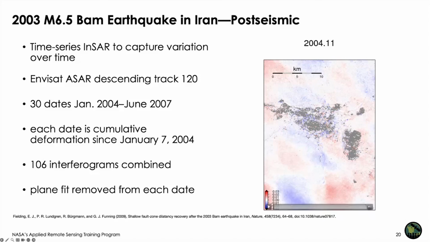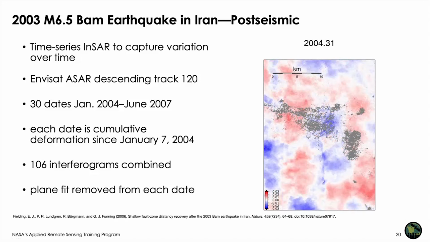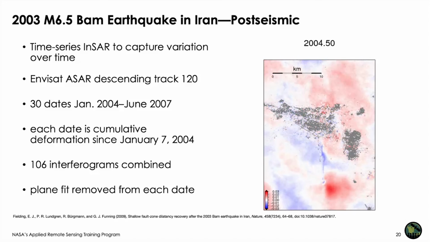Over here on the right, I combined those together into a time series to show how the surface displacement varies over time. I'm going to play this movie here showing the accumulation of displacement with time.